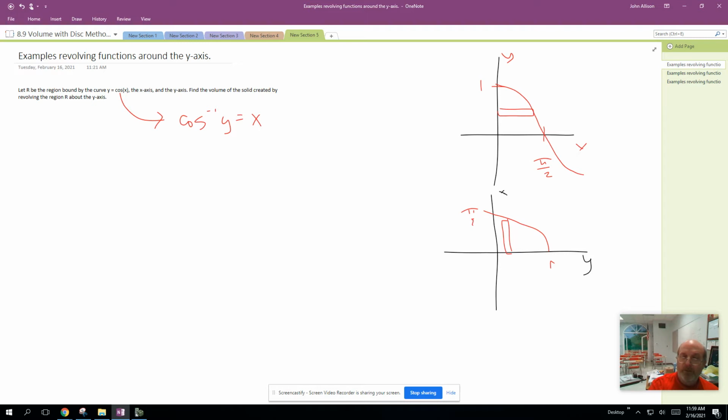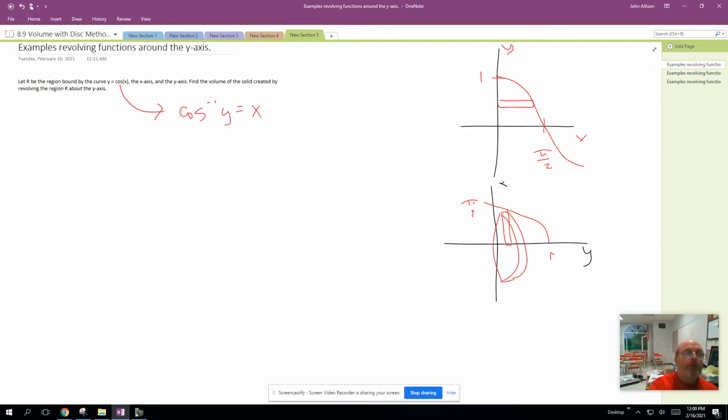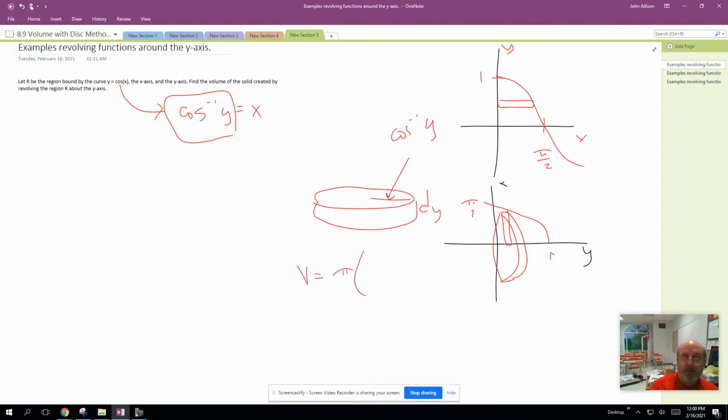and here's one rectangle that we're going to rotate about the y-axis now. And so we're going to draw one of those cross sections with width dy. The radius this time is going to be cosine inverse y. And so the volume of this one cross section is going to be pi times the radius squared.